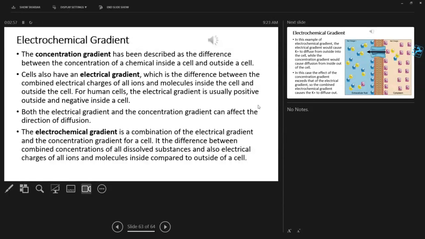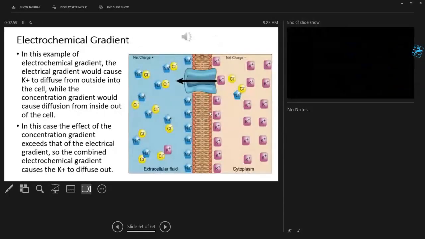So if there's more positive ions on the right side than on the left side, and more negative ions on the left side than on the right side, we'd say there's an electrical gradient. More positive charges on one side of the membrane than the other.